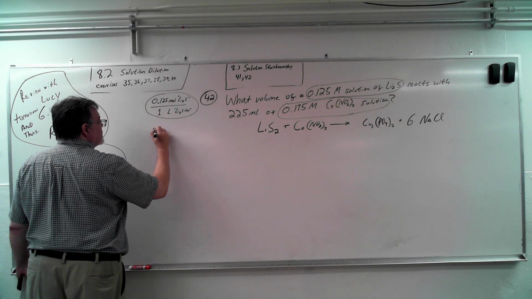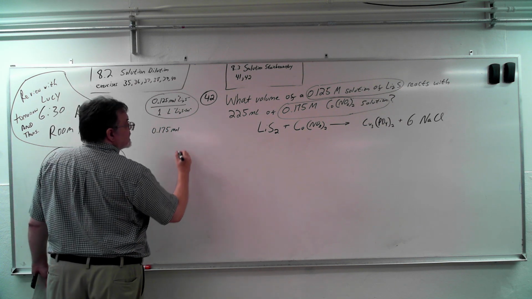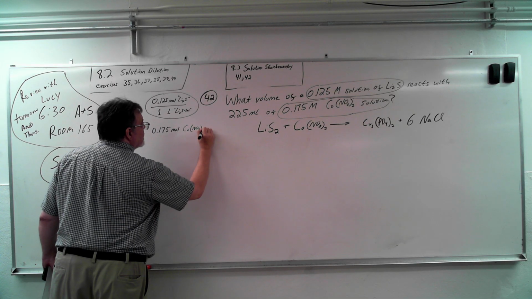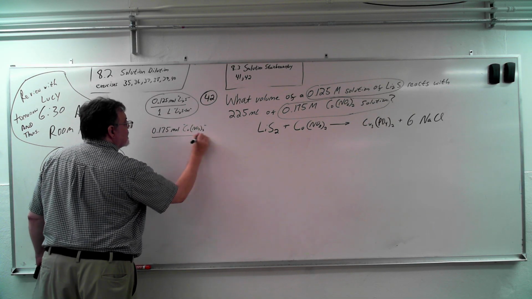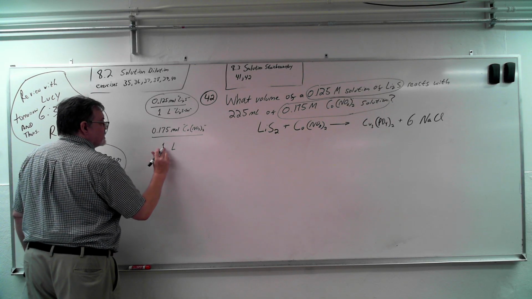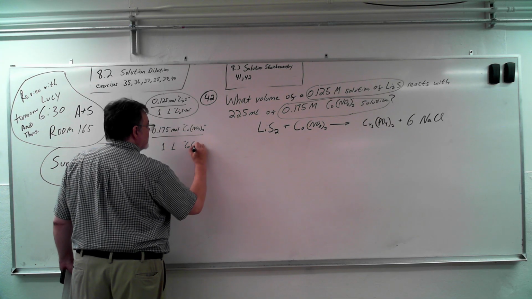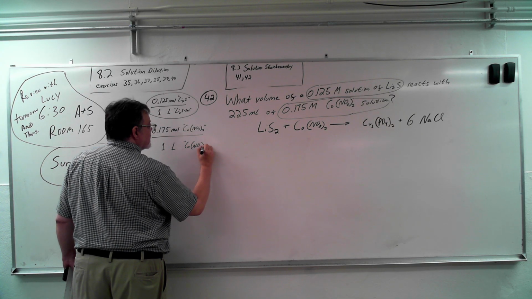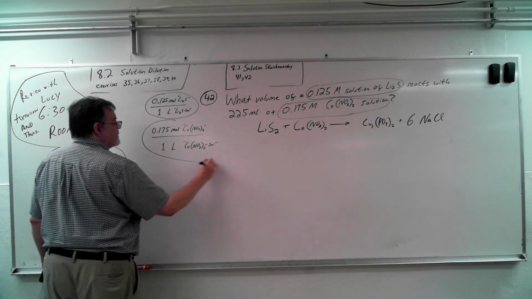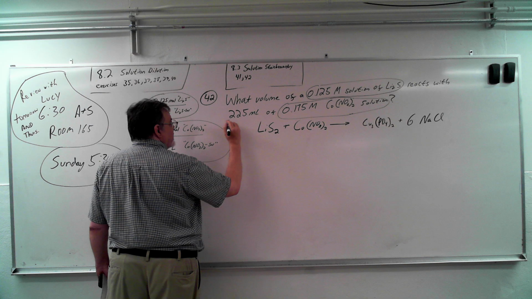0.175 moles of cobalt nitrate to 1 liter. This is in milliliters, and I need it to be in liters.